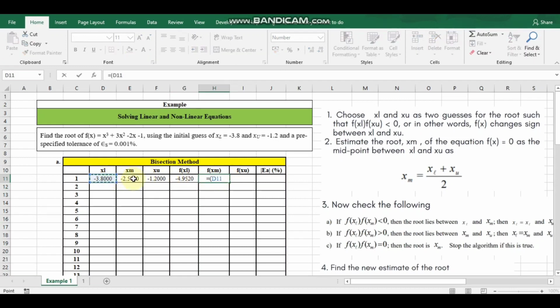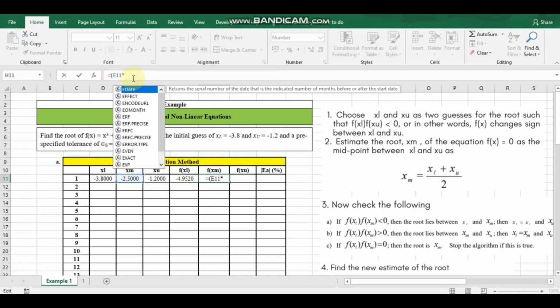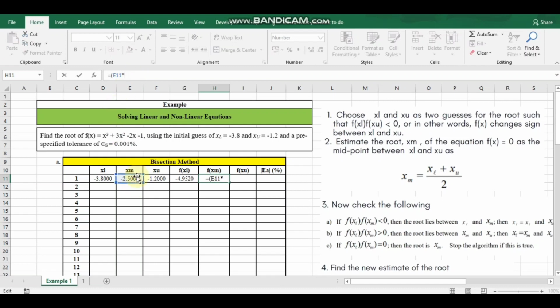Cubed, plus 3 times the square of this, minus 2 times this, minus 1. Same process for f of XU. Let's change it into f.